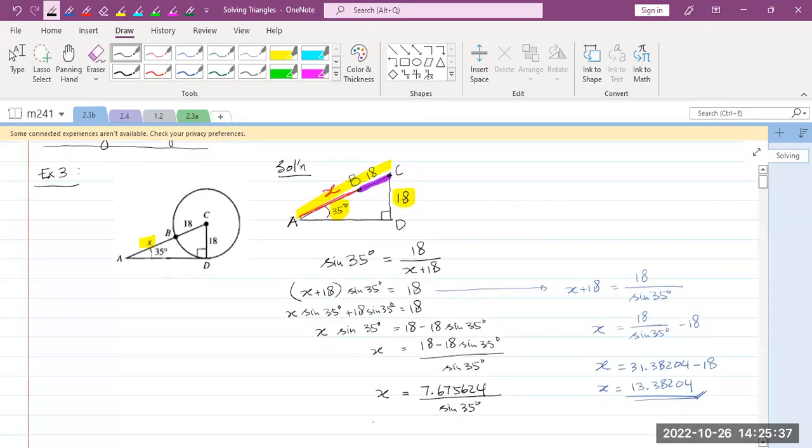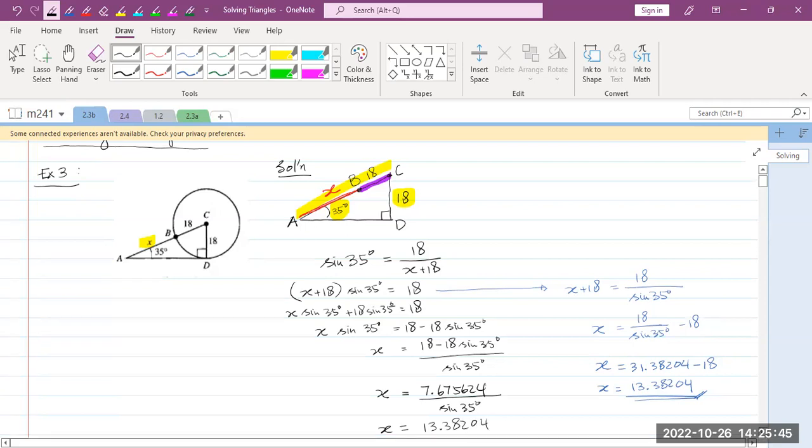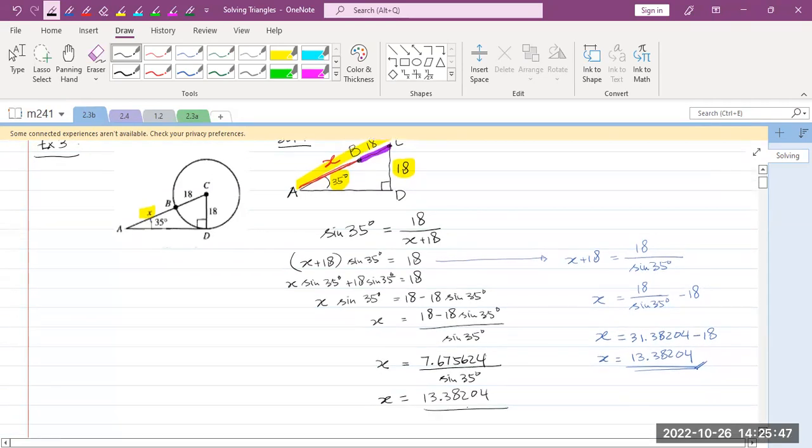I get x equals 13.38204. Yes, we get the same answer with five decimal places. That's for number 3.